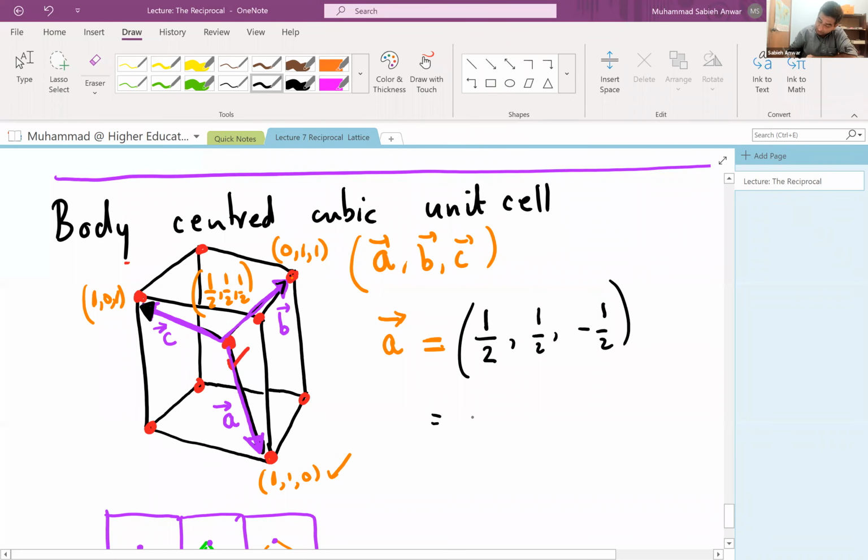So I get 1 half, 1 half, minus 1 half. Since I'm writing vectors, I can use square brackets. Okay, so this is my vector A.